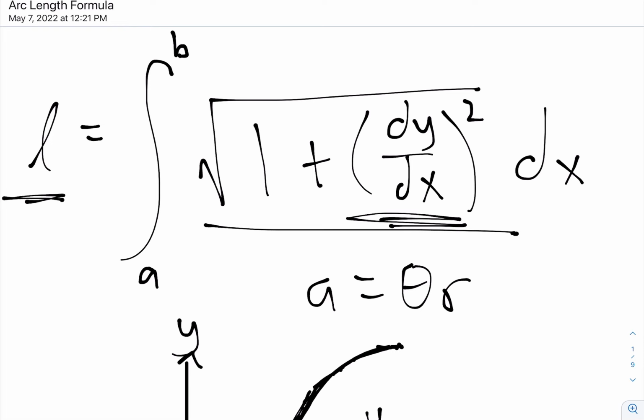No matter if it's a circle or a cubic or a sine function or a tangent function or an exponential or a logarithm, whatever it is, we can apply this formula and figure out what the arc length is without having to know that it's a perfect circle and without having to know the angle, right?